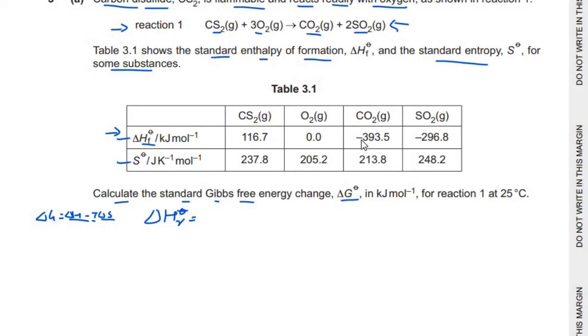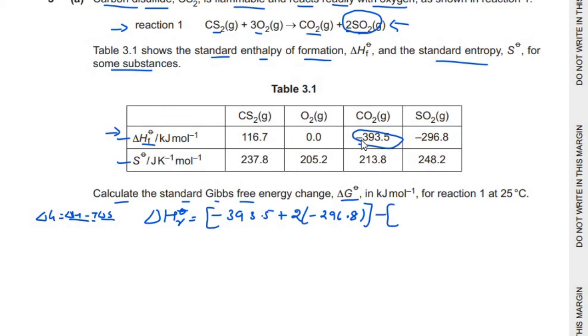So if we start with the products, carbon dioxide enthalpy is minus 393.5 plus it is 2 SO2, that is twice sulfur dioxide. So we need to multiply the value of sulfur dioxide with 2, that is minus 296.8. Now this is for the product minus reactants.